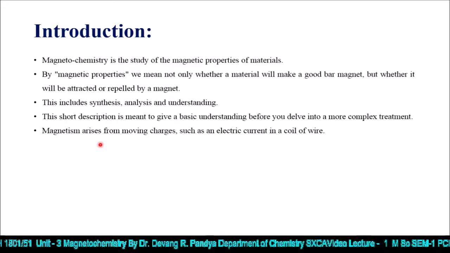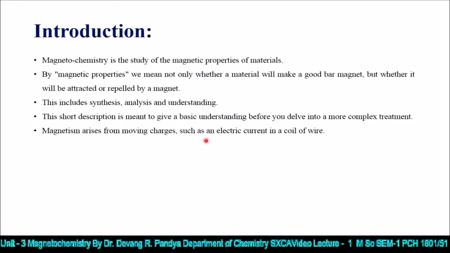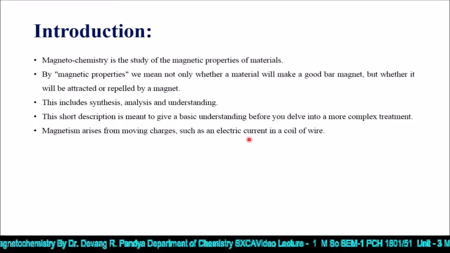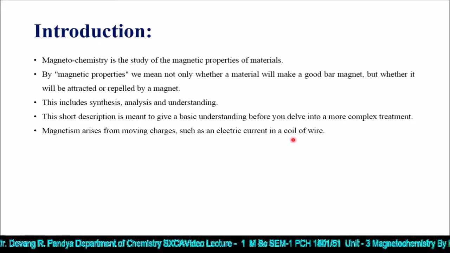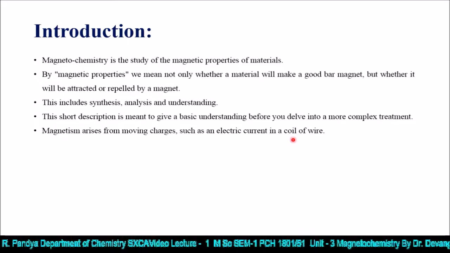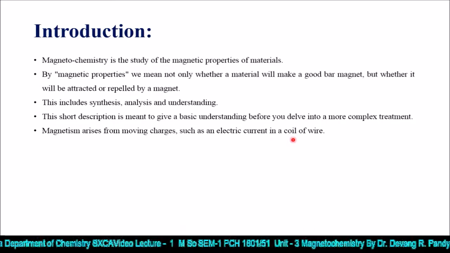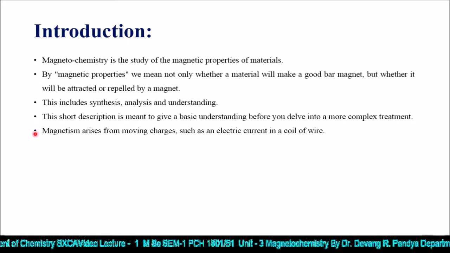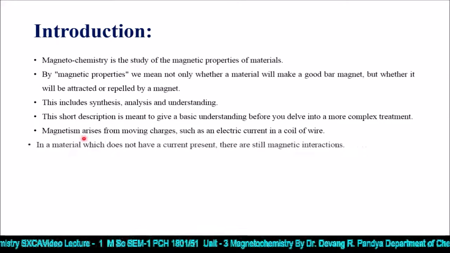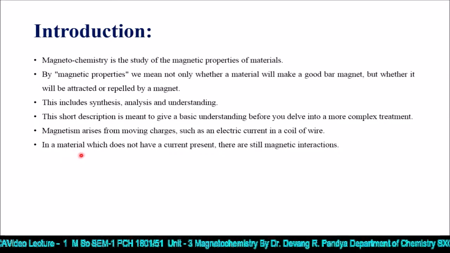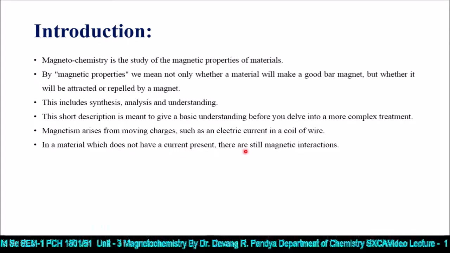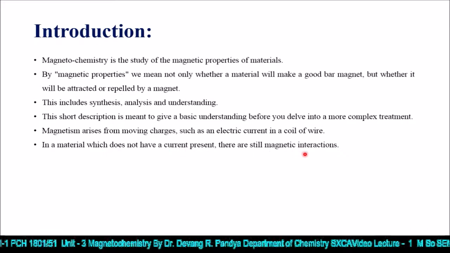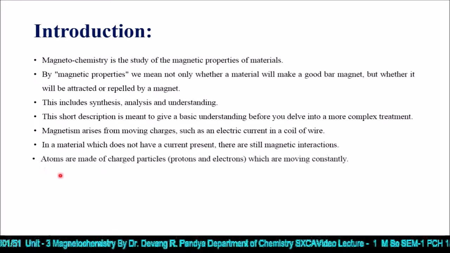Magnetism arises from moving charges such as an electric current in a coil or a wire. When a wire is coiled, electrons move in that coil, which gives rise to magnetism. In a material which does not have a current present, there will still be magnetic interactions.